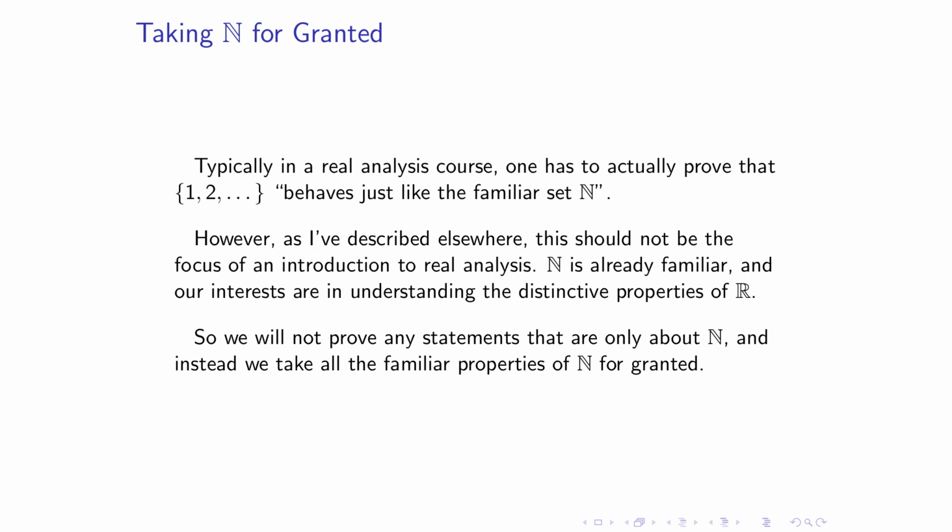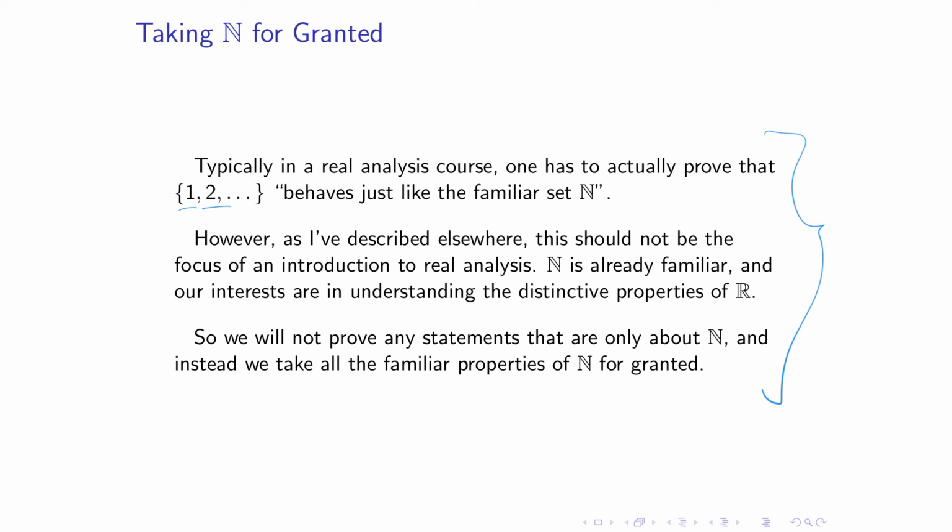Now, it's one thing just to list a bunch of elements, but we would really want to know that the elements of this set really behave in the way that we expect from the natural numbers. However, as I've said a few times now, I won't prove any claims like that because we should just take the natural numbers for granted. That's not really our interest when studying the real numbers.